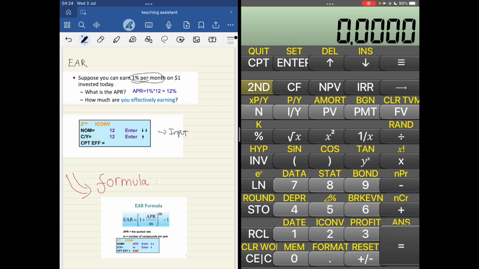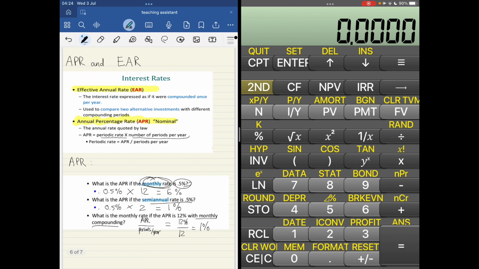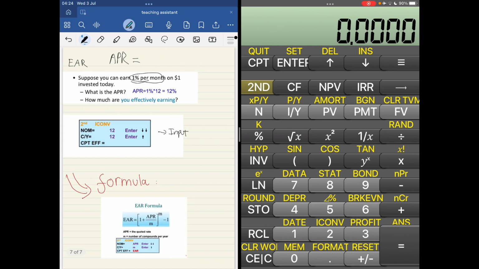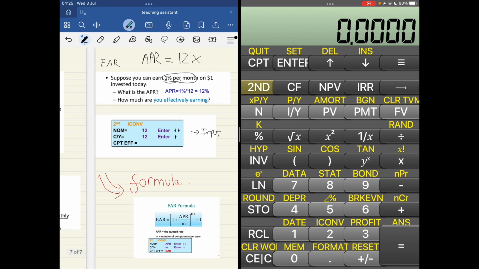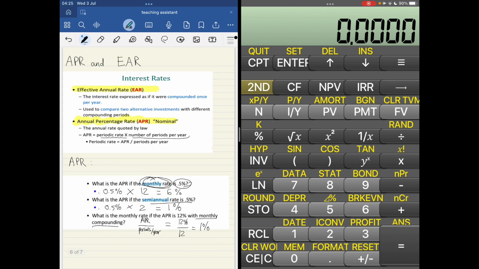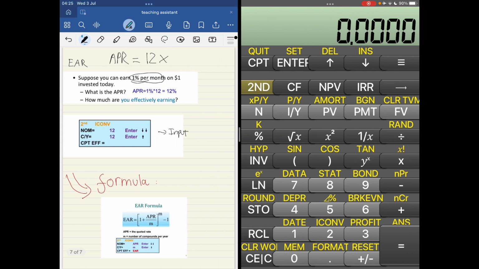So 1% per month means that the APR, which is the annual percentage rate, is equal to the periodic rate times the number of periods per year. So there will be 12 periods times the periodic rate, which is 1%. So APR is equal to 12%.